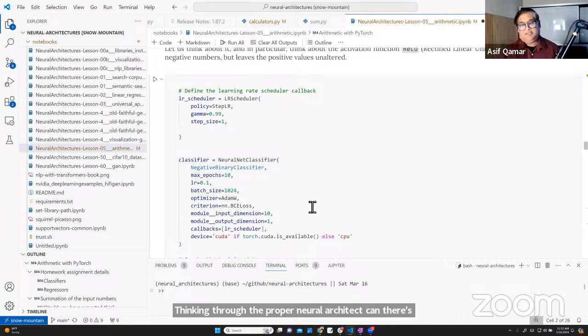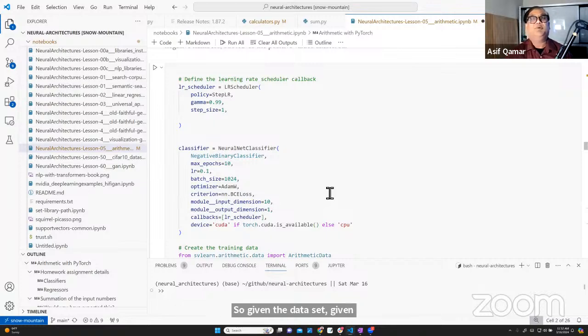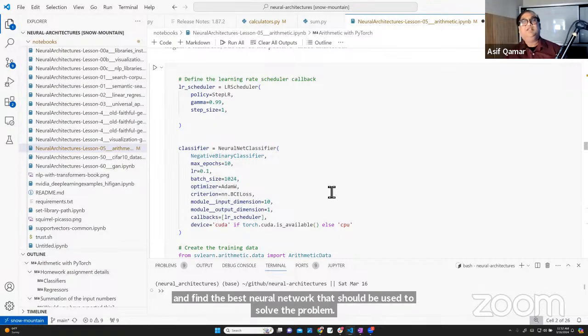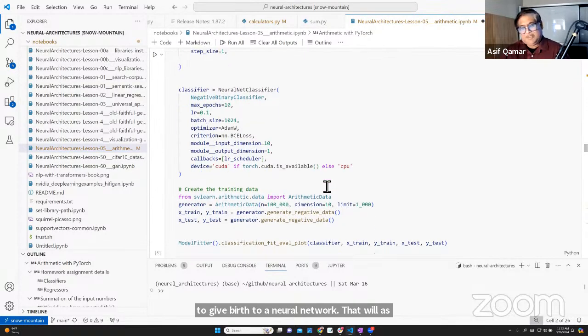These are machine learning algorithms whose job is to produce the best neural network to solve the problem. Given a data set, given a problem, they don't actually solve the problem. They instead reason through and find the best neural network that should be used to solve it. So the first machine learning task is to give birth to a neural network that will, as a child network, go and solve the problem. That's a big topic.